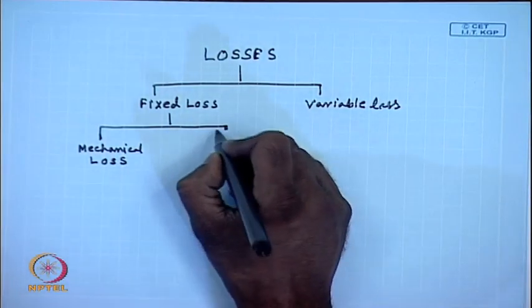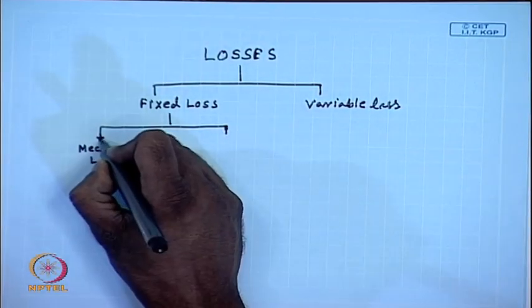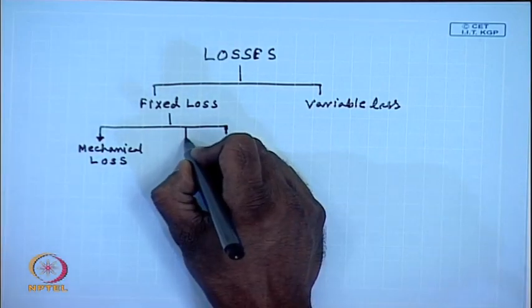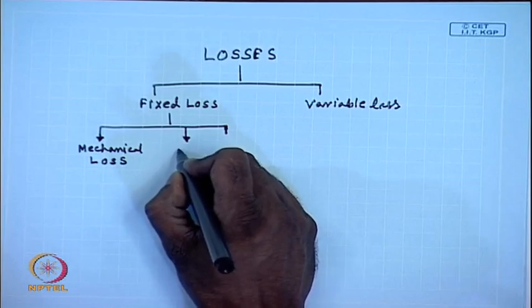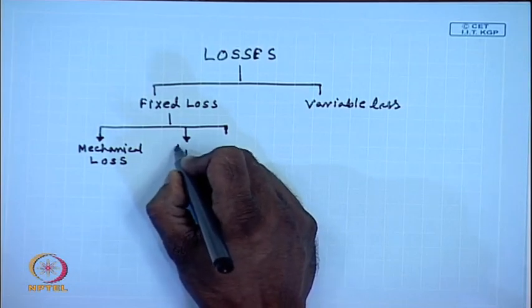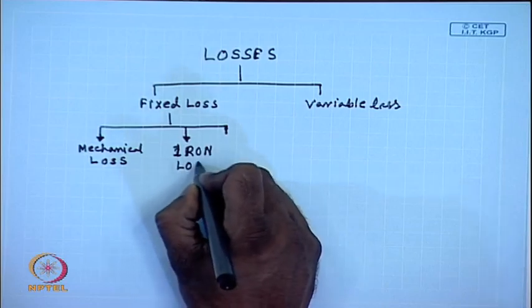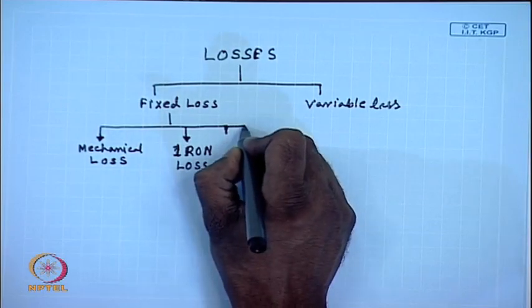assuming that the machine operates almost at constant speed, then the iron loss and also the shunt field loss.